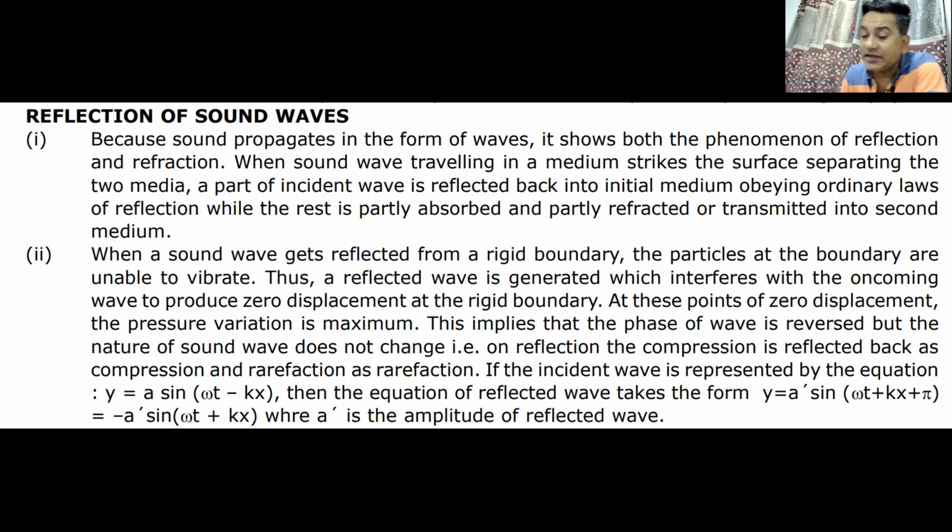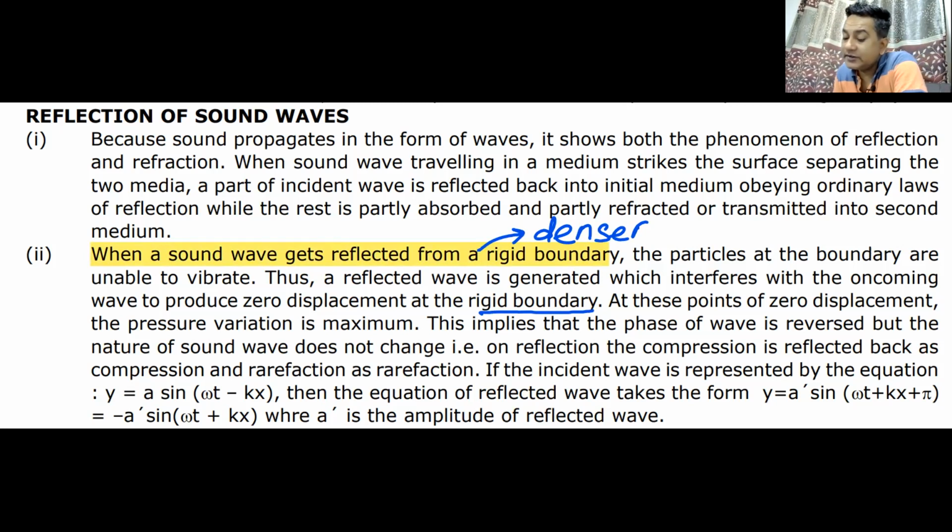What we must understand here is what happens when a sound wave gets reflected from a rigid boundary. Instead of rigid boundary, we can also say that it is getting reflected from a denser medium. Do you remember we had seen this reflection in transverse waves? Yes, sir. Here we are also calling it a rigid boundary. When any wave gets reflected from a denser medium or a rigid boundary, the phase of the wave is reversed.